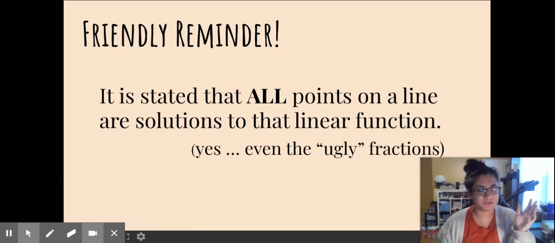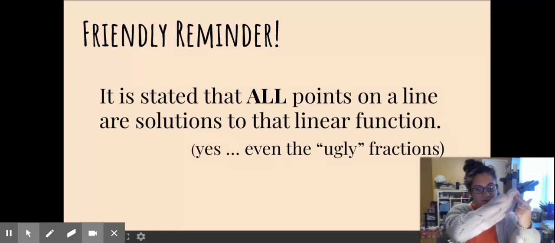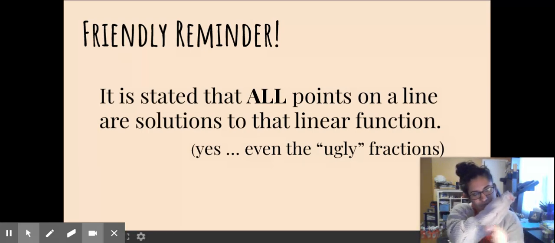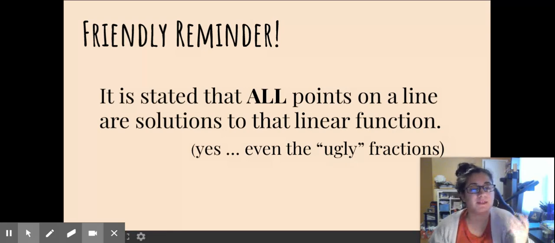And I just want to remind you guys that it is true that if you were to graph a line, every single point along that line, even the ugly fractions and the decimals in between the tick marks of your grid, is considered a solution to that line.